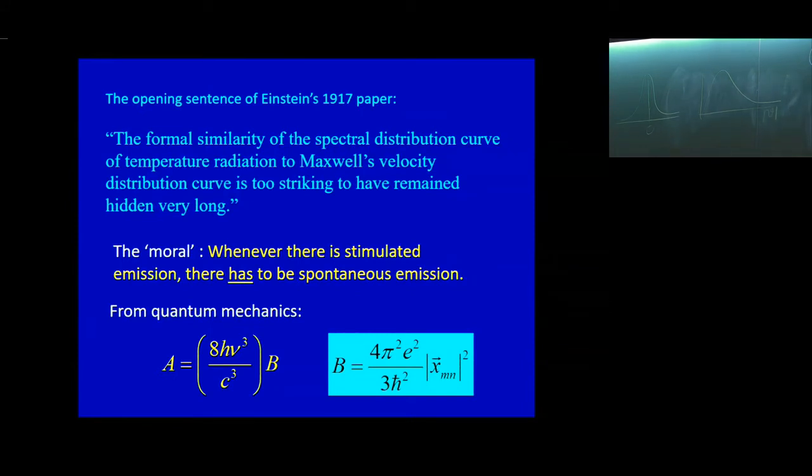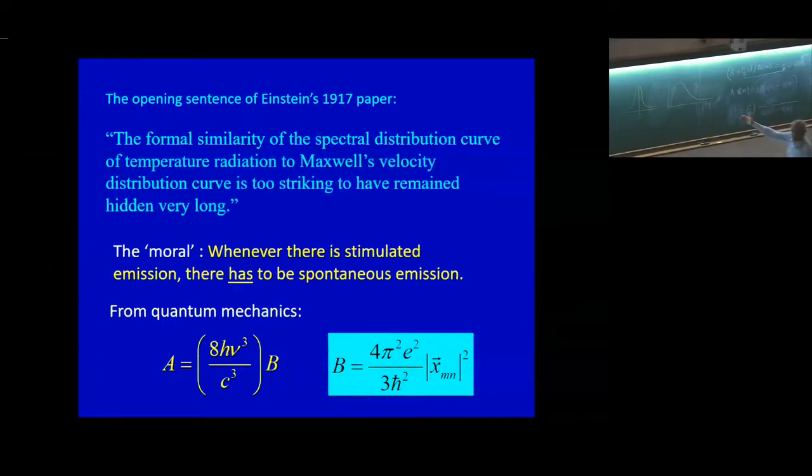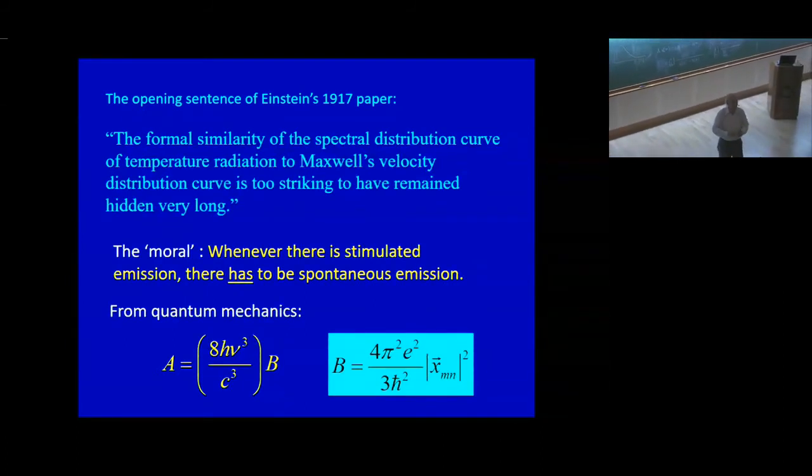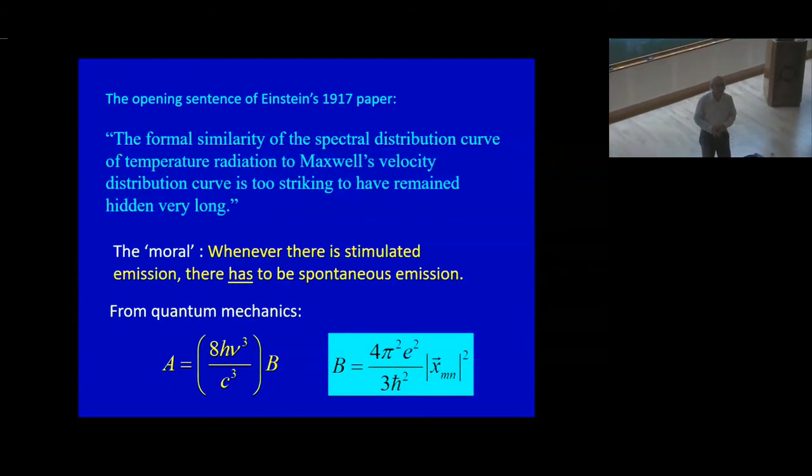It's a bell-shaped curve. The striking similarity between this and the black body curve couldn't be hidden for very long. So he said there must be thermal equilibrium taking place between energy levels of atoms. And so that is the origin of black body radiation.